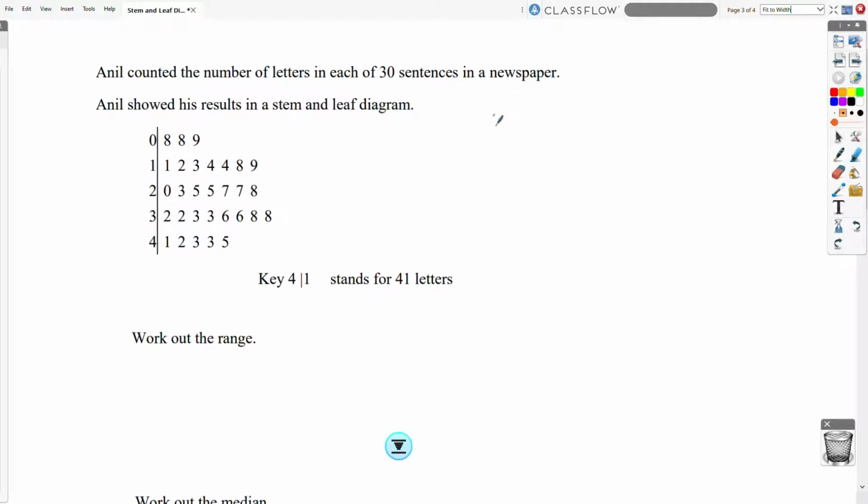In this question, we've got the number of letters in 30 news sentences in a newspaper. So we know we have a total of 30.